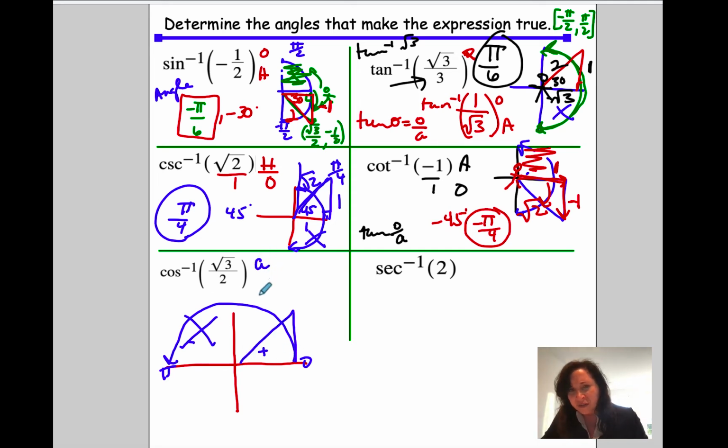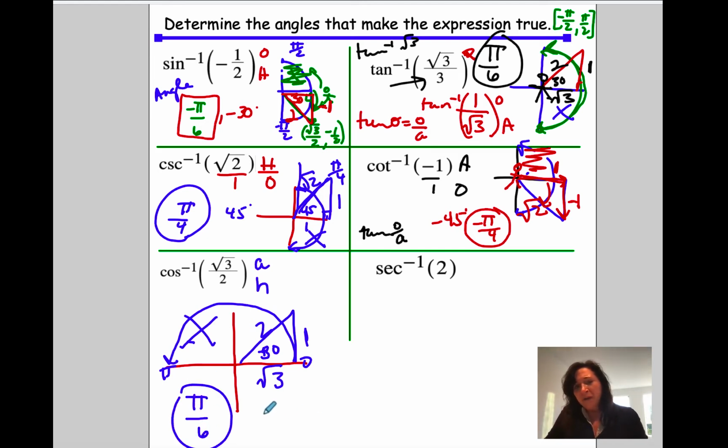Cosine is adjacent over hypotenuse. So the adjacent side would be root 3, the hypotenuse is 2. That would leave this to be 1, which would then mean we're at a 30-degree reference, which is pi over 6. Now, pi over 6, you could again say or 30 degrees.